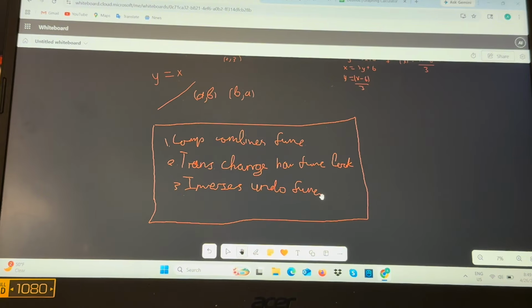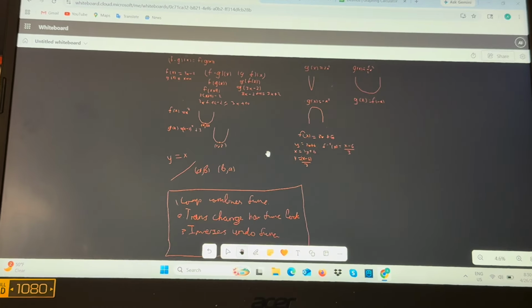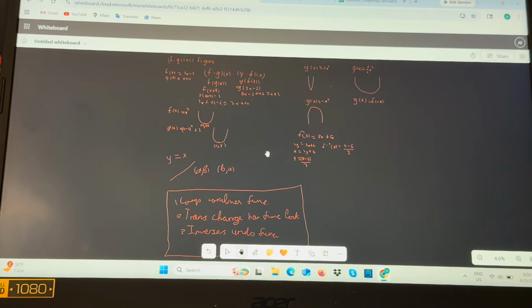So understanding all of these 3 helps explain how functions interact with each other and why they look how they look. Overall, these topics show that functions are not just equations, but systems that can be combined, changed, and reversed. By understanding these concepts, it becomes easy to analyze and predict how functions will behave.